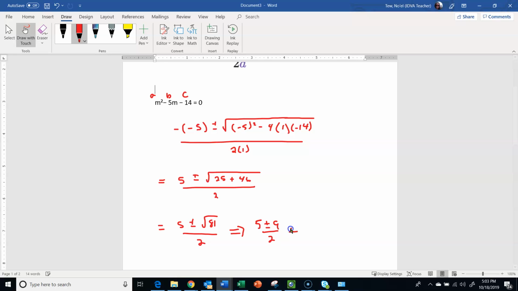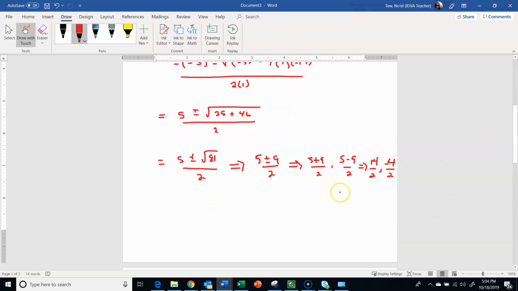And that ends up being 5 plus 9 divided by 2, or 5 minus 9 divided by 2. So you're going to end up with two answers. 5 plus 9 divided by 2 is 14 divided by 2, and -4 divided by 2.